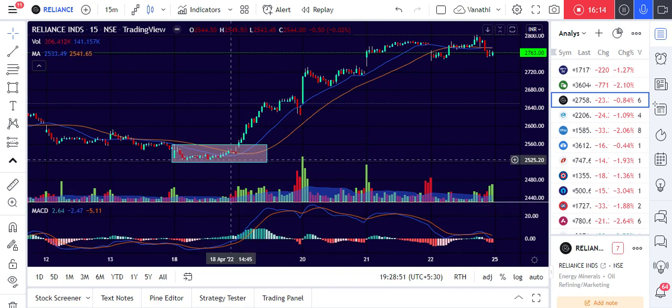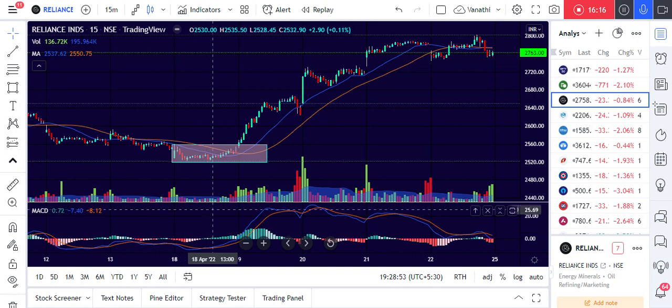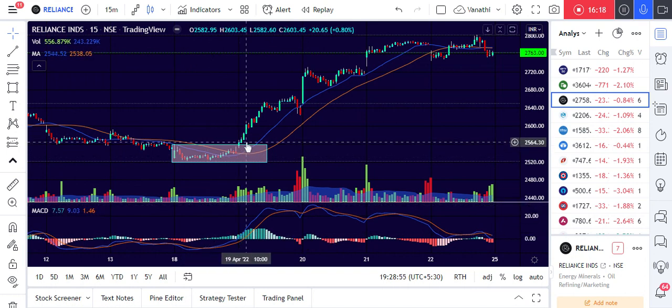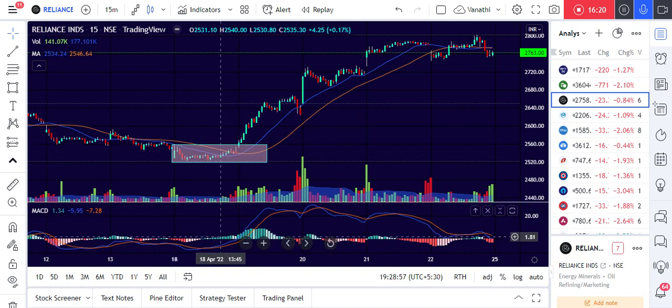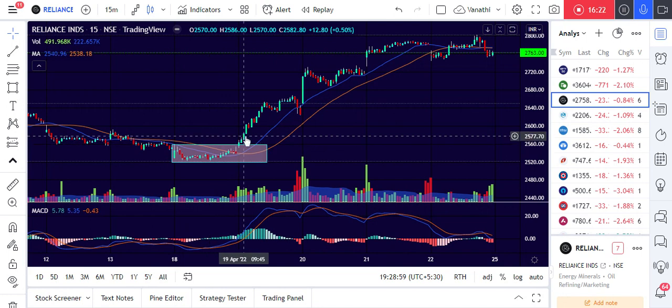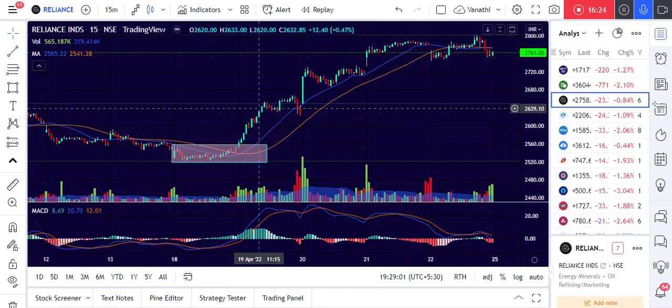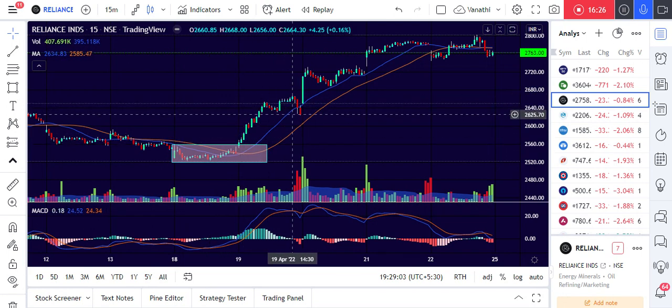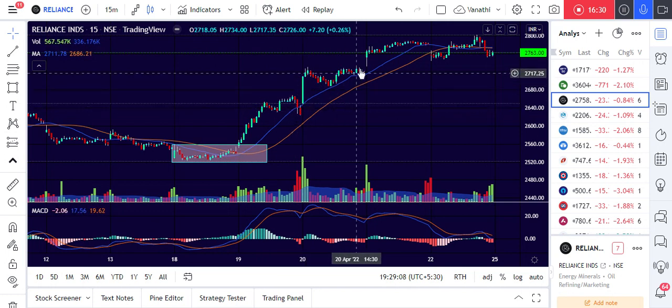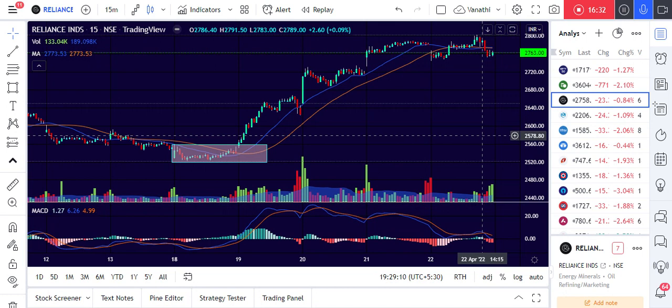For that, I am using the 20 moving average combined with the smoothing line, and also I am using the MACD with default settings. Whenever the buy trade setup is like when the MACD is above the zero line, and the price is above the moving average, or whenever it is taking support, I am looking for a bullish confirmation, and I am taking entry.